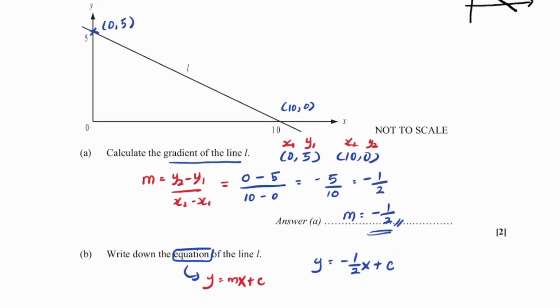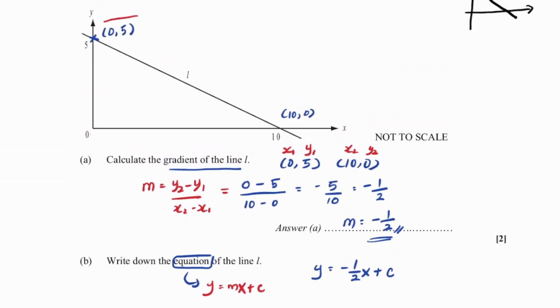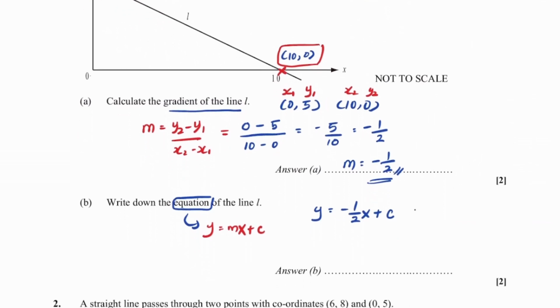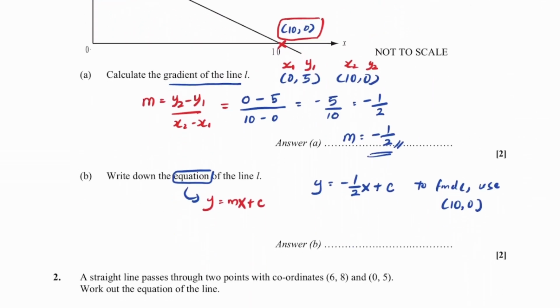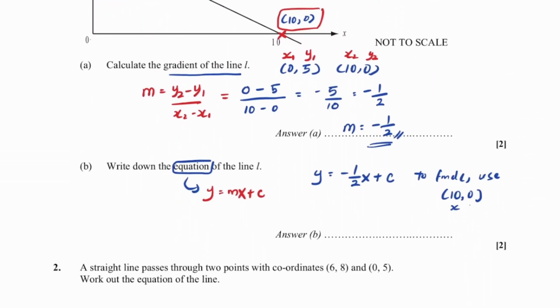Now to find c, you can use either coordinate, but remember, the coordinate must be on the line. So to find c, you may use (10, 0) or (0, 5).